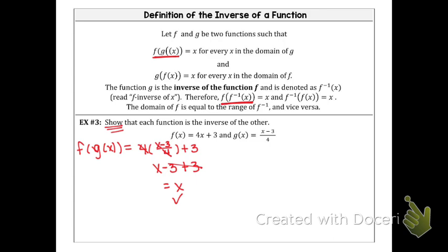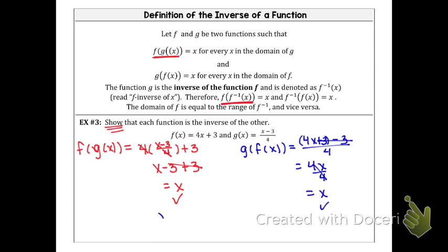Then we're going to do the composition the other way. So we're looking for g of f of x. So now g is my skeleton. And we're going to plug in f. Okay, so we end up with 4x over 4, which gives us x.